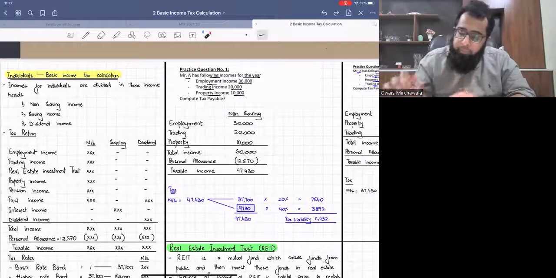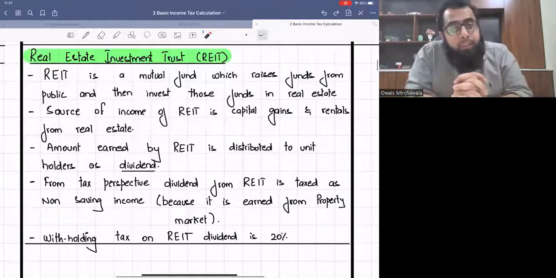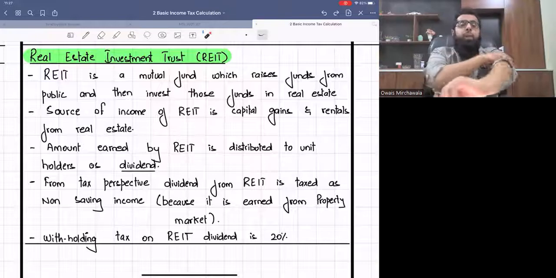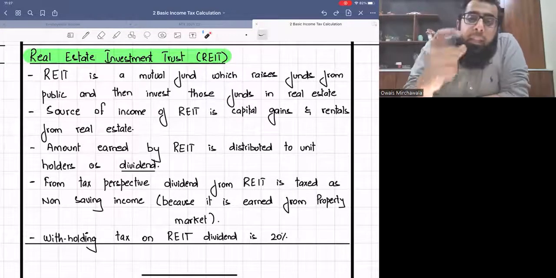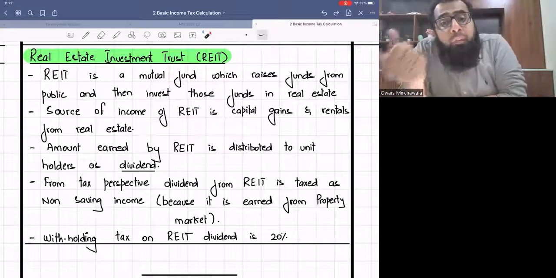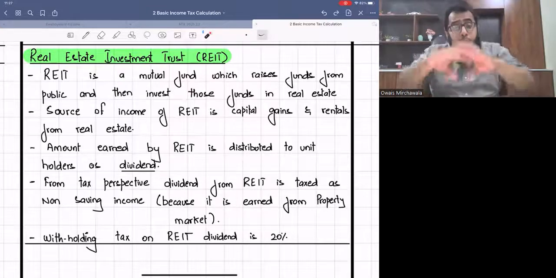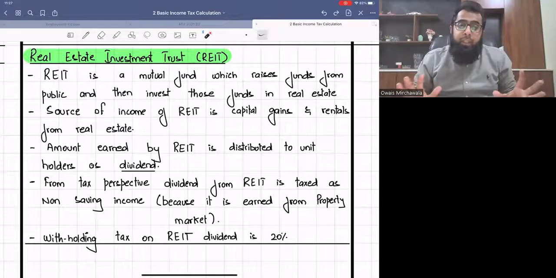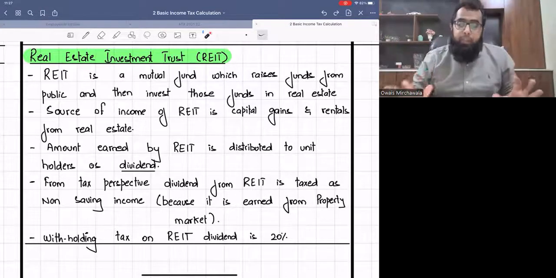Okay? Now let's discuss what is a real estate investment trust. When we talk about a real estate investment trust, it's a very simple concept that basically these are mutual funds. Now, what is a mutual fund? Mutual means many people are gathered in it. It is a many people fund.